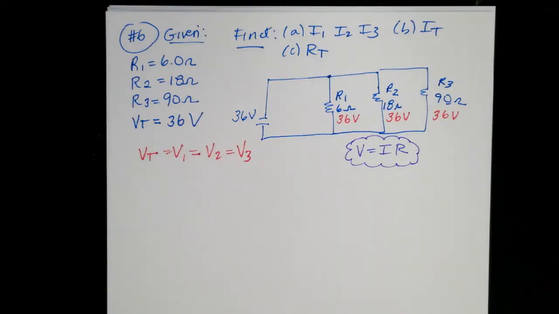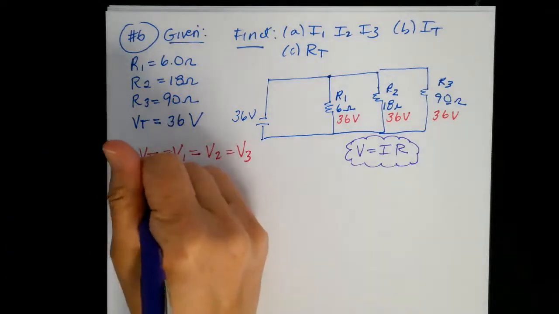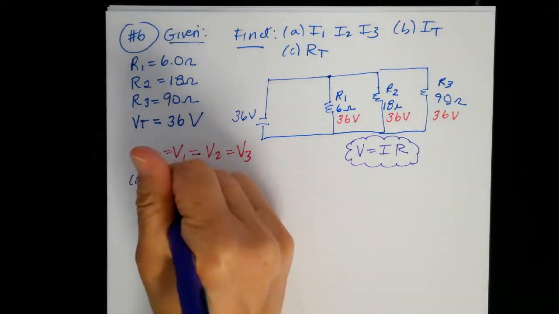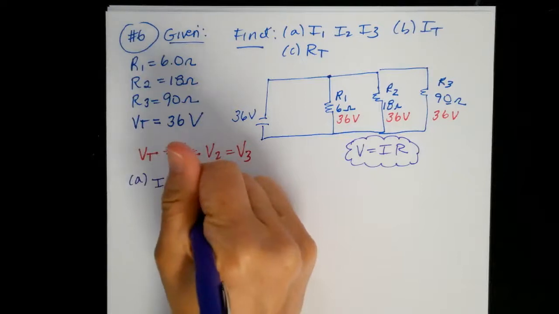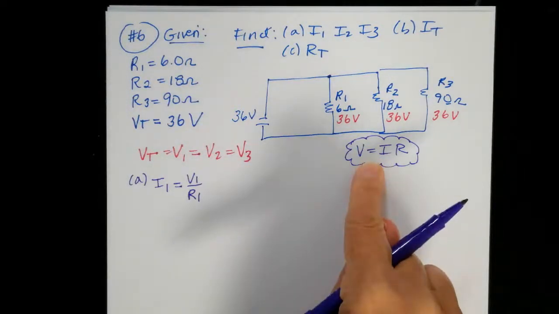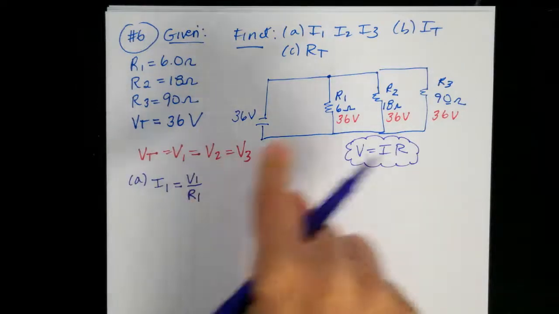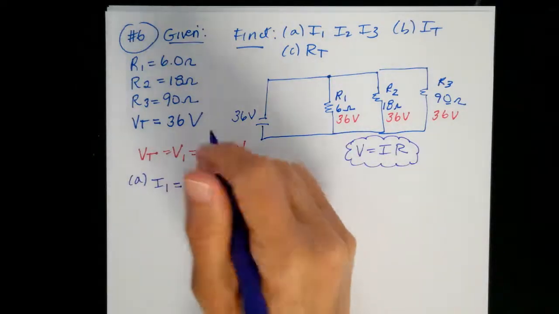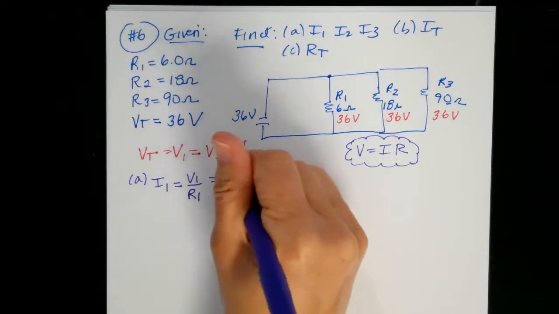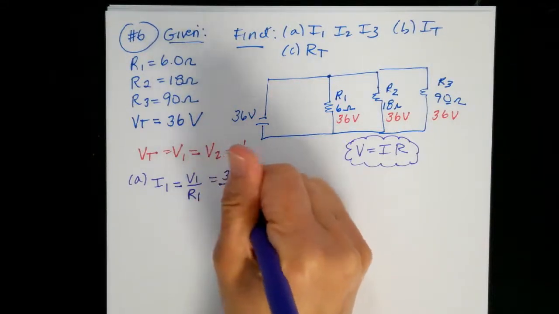So now I'm going to apply Ohm's law to find the current. I1 is V1 over R1. Remember, I'm just taking Ohm's law, rearranging it to solve for I, and then applying it for just this branch. So I1 is V1 over R1, which is 36 volts over 6 ohms, which is 6 amps.